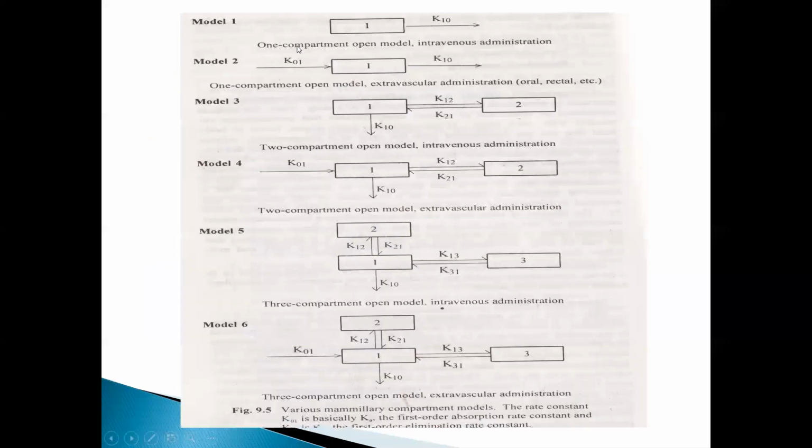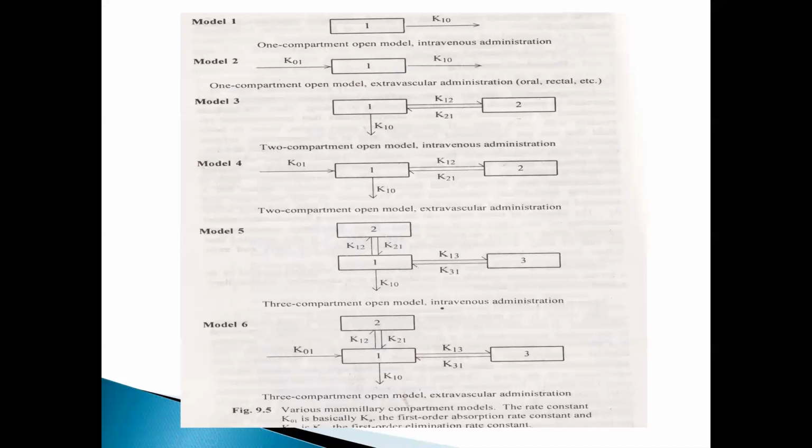So we can see the various mammillary compartment models. You can see model 1, in which you are seeing only the central compartment. In a one compartment open model, we only have one compartment; all the tissues and organs are just grouped into a single compartment.